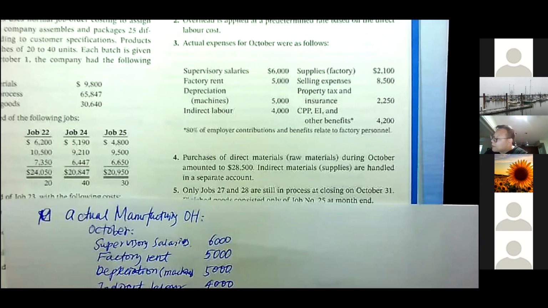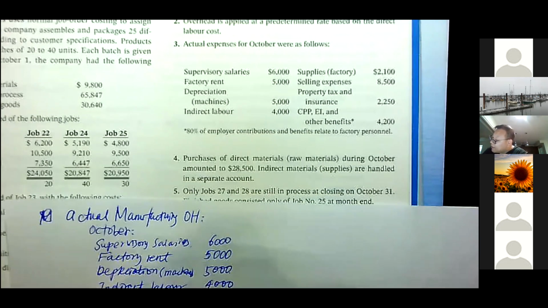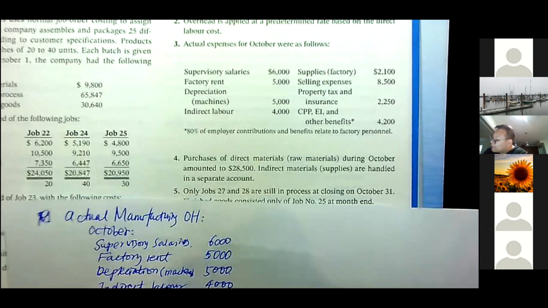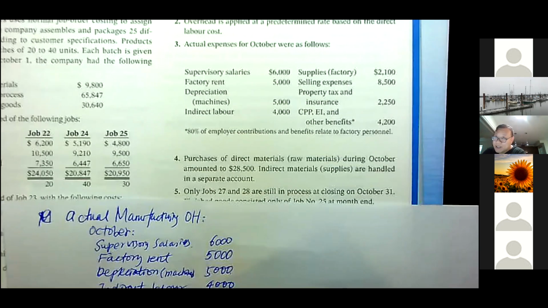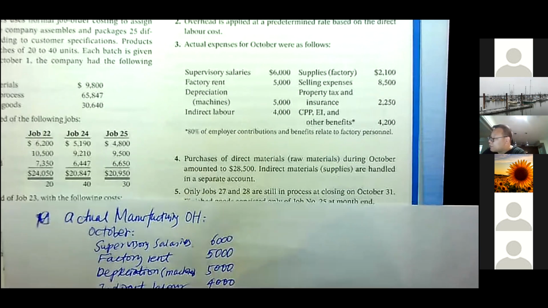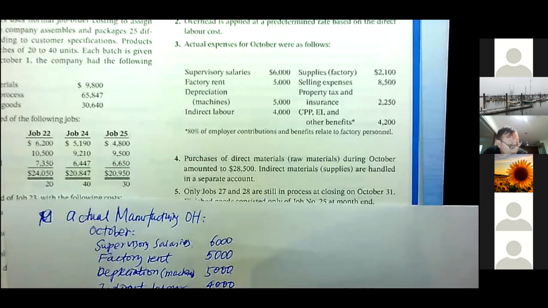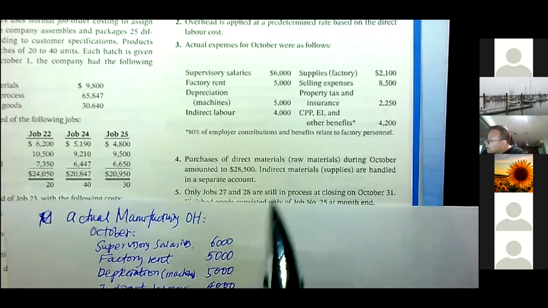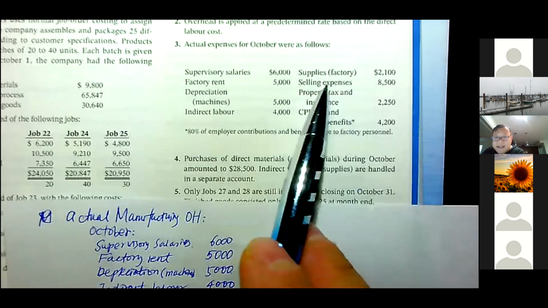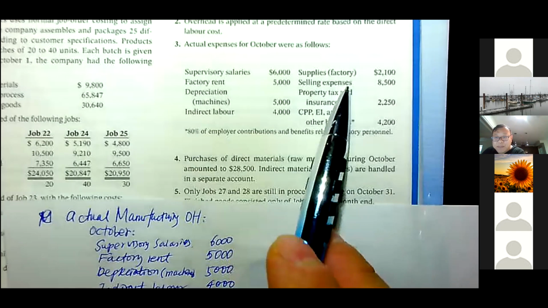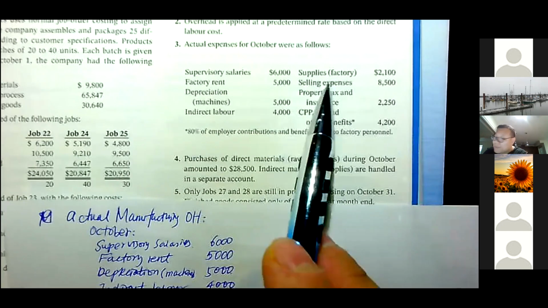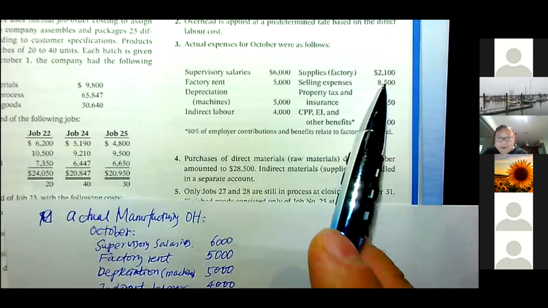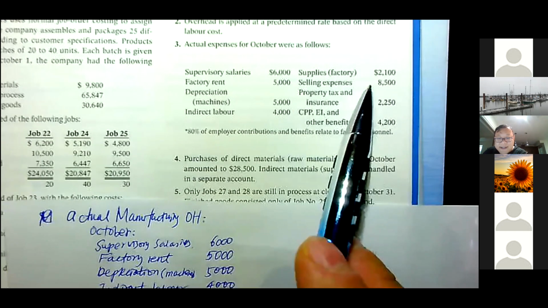Okay. Factory supplies. These are the indirect materials, right? Yes. It says somewhere in the question. They have a separate indirect materials account called the supplies, right? 2,100. How about selling expenses? Is this a product cost or period cost? Period, right?